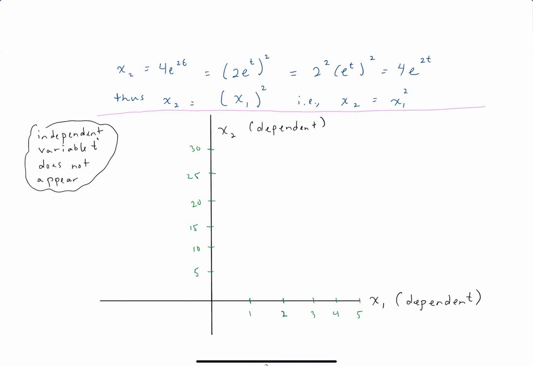So at 1, 1 squared is 1. If x1 was 2, that squared is 4. If x1 was 3, the corresponding x2 value would be 9. Then we have 4, 16, and 5, 25.